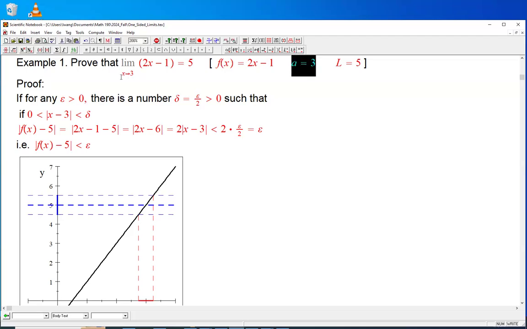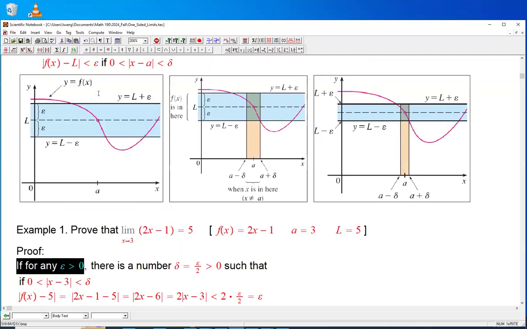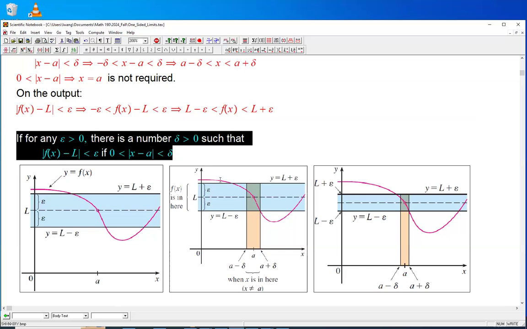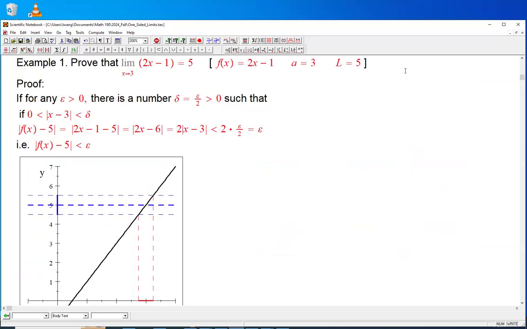So A is 3, because we are interested in the behavior of the function 2x minus 1 in the neighborhood of 3. Obviously, because the function is defined everywhere, it's certainly defined in the neighborhood of 3. Now we want to demonstrate, compared to this definition, that for any epsilon greater than 0, the language is satisfied.